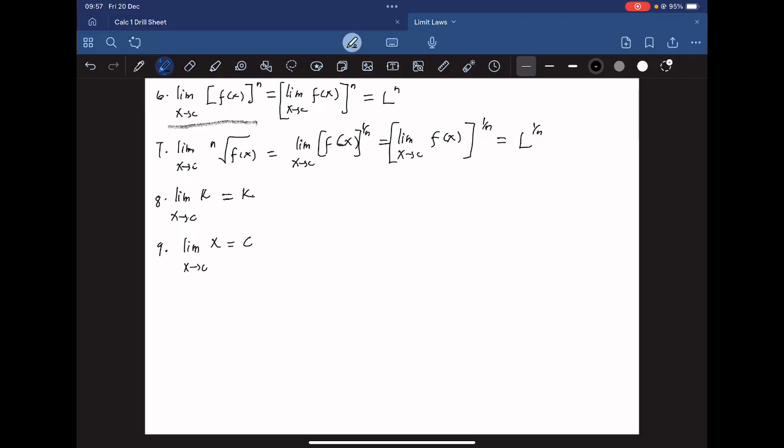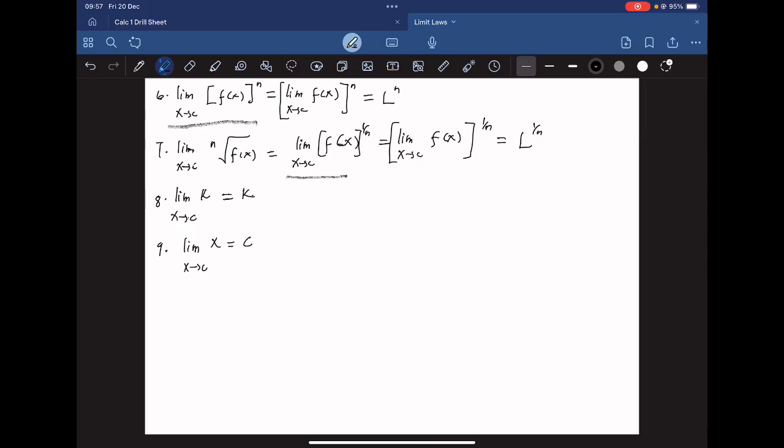For property 7, this is the root rule. So note that when you have the limit as x approaches c of the nth root of f of x, where n can be any root number, right? Now we can always write it as the limit as x approaches c of f of x, all to the power of something. Note, whenever you have any root, it's the same thing as writing 1 over that number, right?